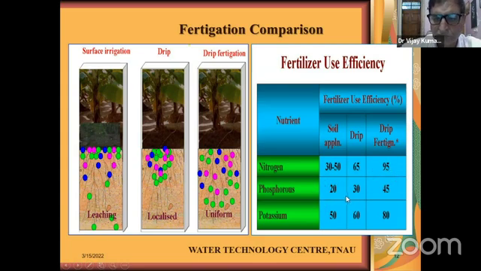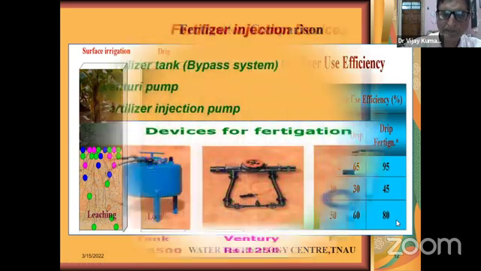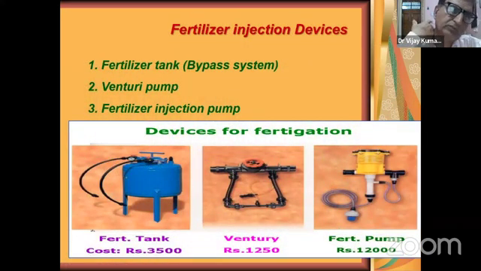Whereas phosphorus use efficiency goes from 20 to 45%. And then potassium goes up to 80%. For this, we require the fertilizer tank, venturi pump and fertilizer injection pump. They range in different prices.